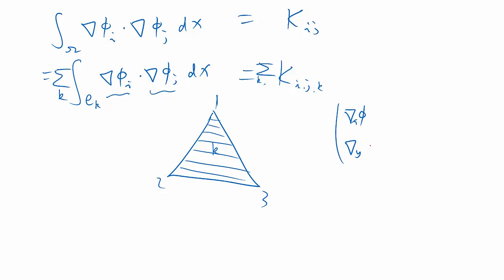The x component, y component of the gradient of phi, times a matrix of x1 minus x2, y1 minus y2. This should be equal to what?